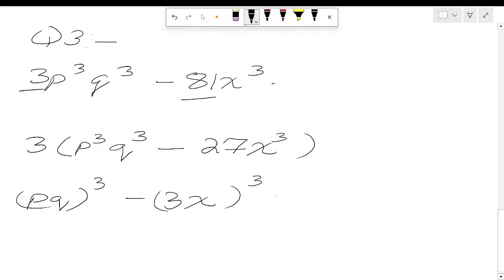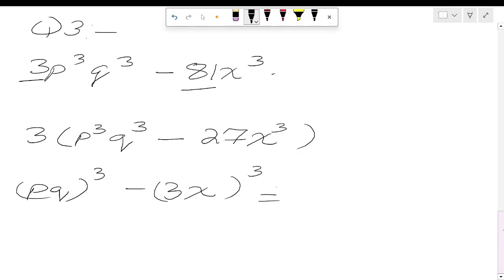I'll put this 3 behind these two, but for now I won't because we don't have that much space. So pq cube is subtracted from 3x whole cube. It will be equal to the second identity, which was a cube minus b cube. So first we will write a minus b. So a in this case is pq subtracted from b, which is 3x.